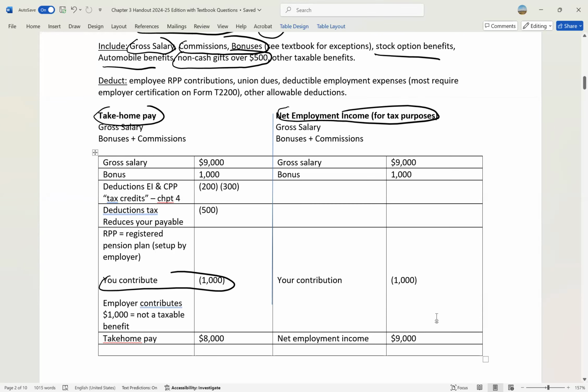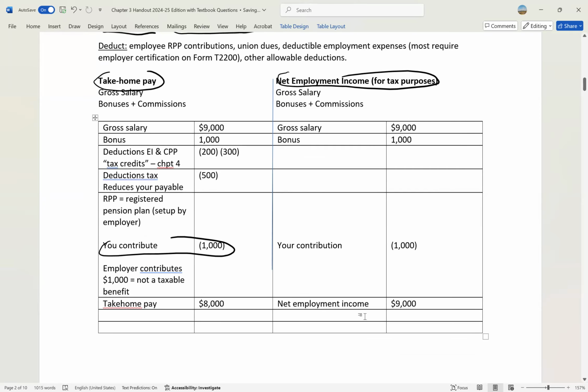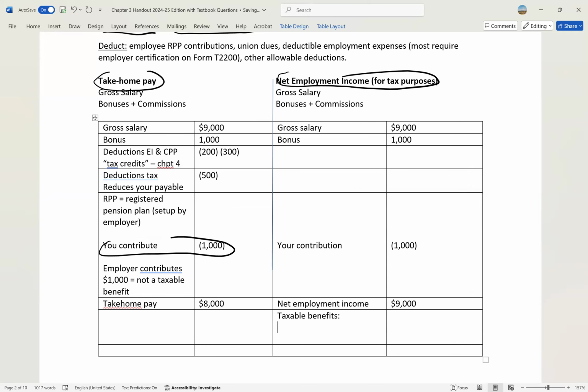Now, there's other things that can be added as well. When we look at net employment income, there's also what we refer to as taxable benefits. Taxable benefits are things that get added to your net employment income.